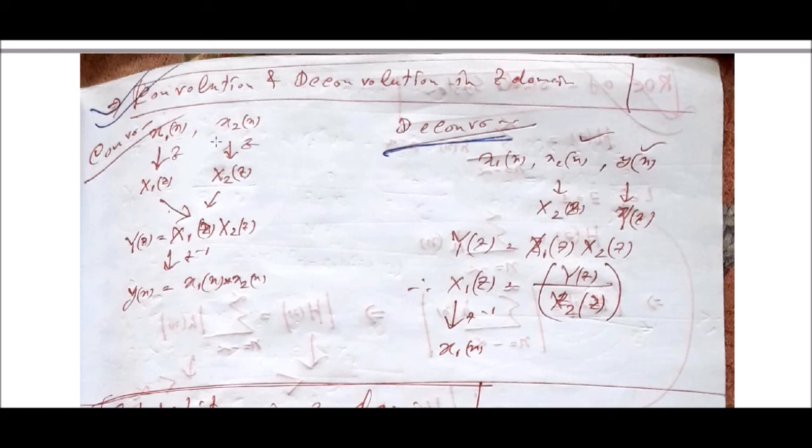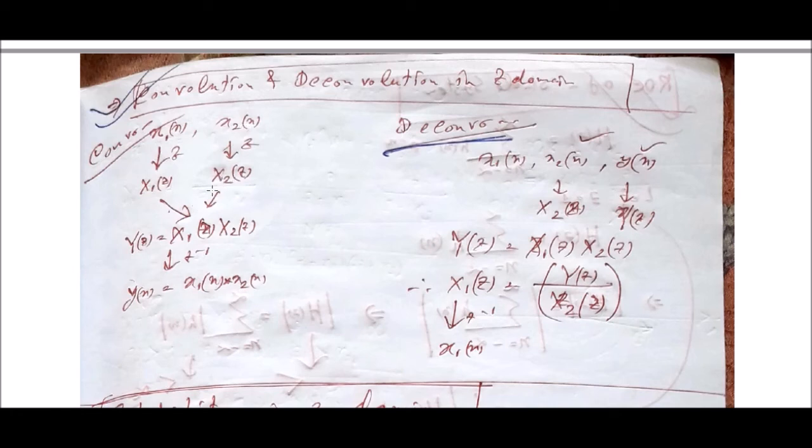Convolution means in the time domain you have to convolve x1[n] and x2[n]. Two signals are there, you can convolve them, but by using the Z transformation you can do the convolution in a much easier way. Initially Z transform x1[n], you will get capital X1(z). Similarly, Z transform x2[n], you will get capital X2(z).